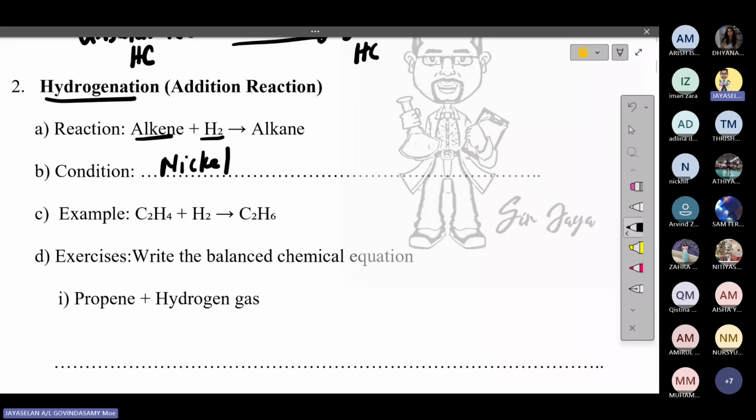Nickel as a catalyst, temperature 180. Some books give 200, some 150. Please remember the one in your textbook is 180. Cannot change. Must memorize. Any question?